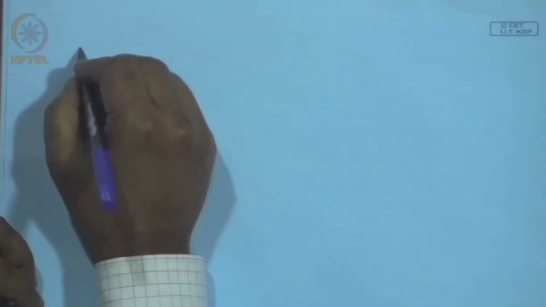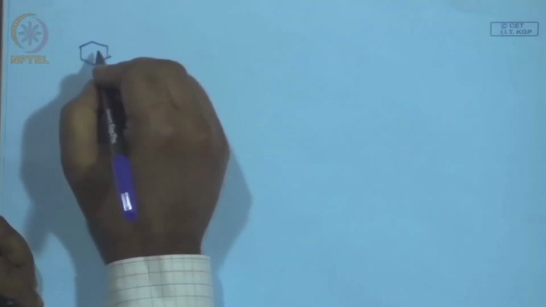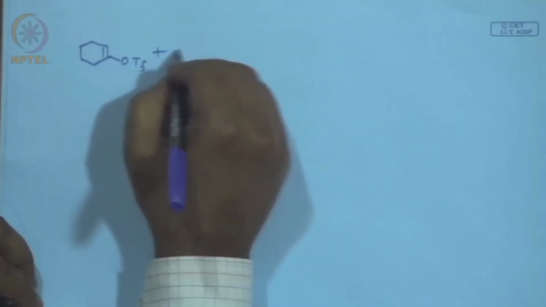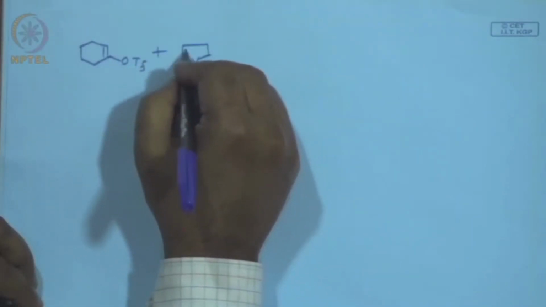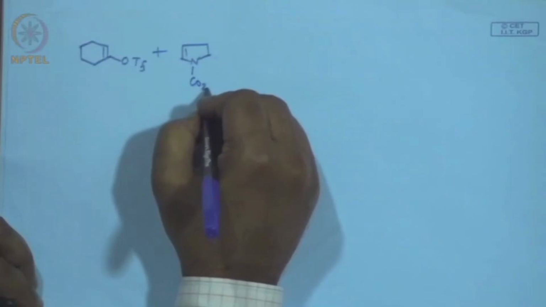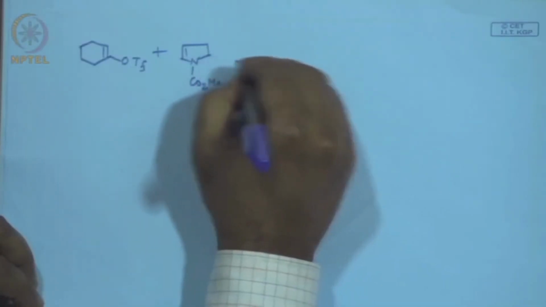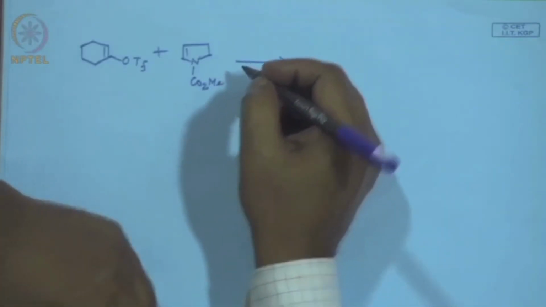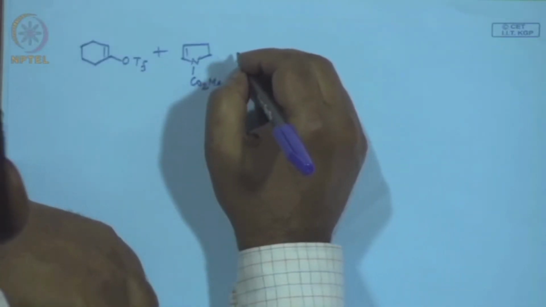Now, there are a few tricky things you have to remember. If you go for the Heck reactions, you will see something different. I mean, sometimes the outcome is not really as expected. For example, I have a reaction which I write now. This is a triflate, and then you have enamine, and the reaction conditions, sometimes you have to be a little bit careful about these reaction conditions.